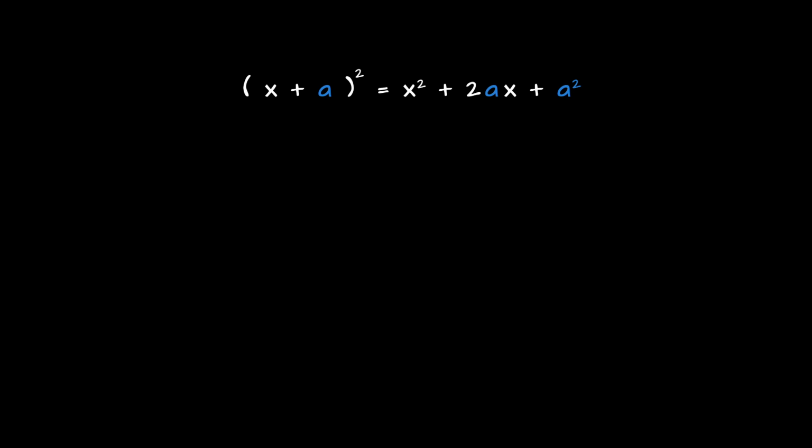This immediately shows us the special properties that a quadratic expression which does factor as a perfect square must have. Namely, its constant term must be exactly the square of 1/2 of the coefficient of x, right? Because a squared is just the square of 1/2 of 2a.